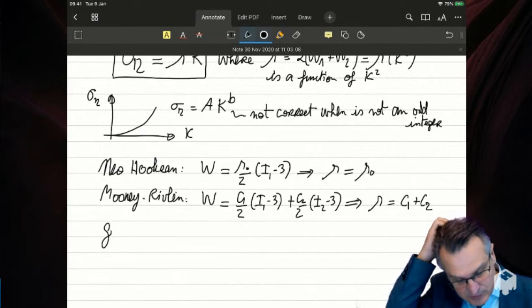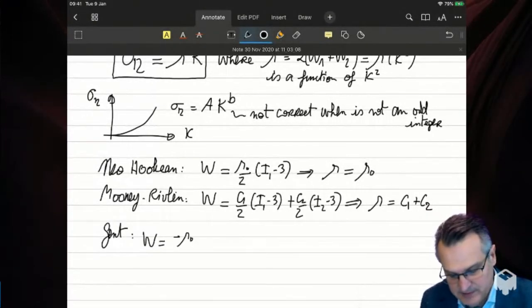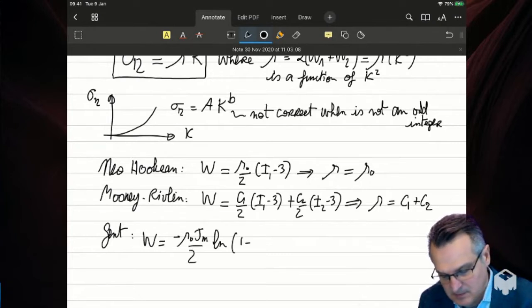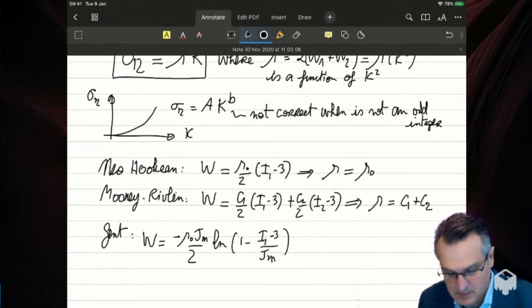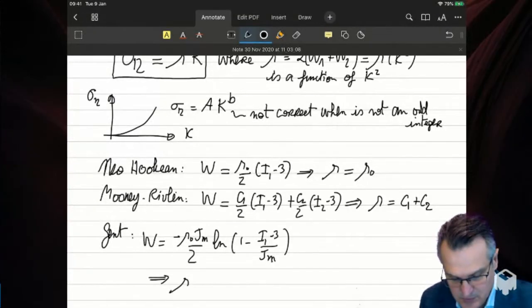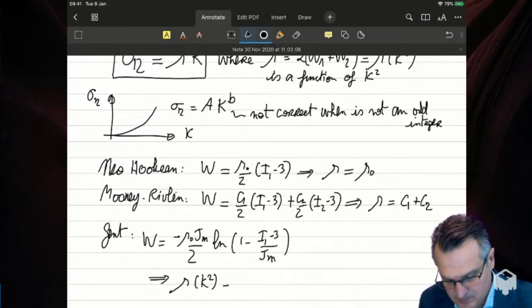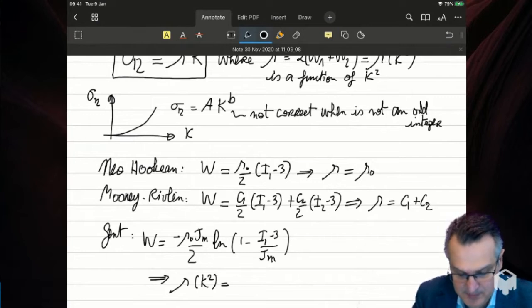For instance, the Gent model, if you remember, it was like this. So if I differentiate this with respect to I1, the minus is going to come out, the 2 is going to come out, the Jm is going to come out.